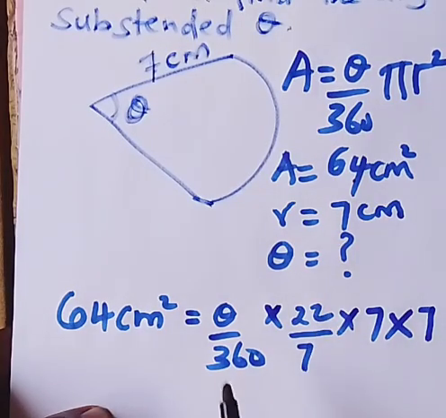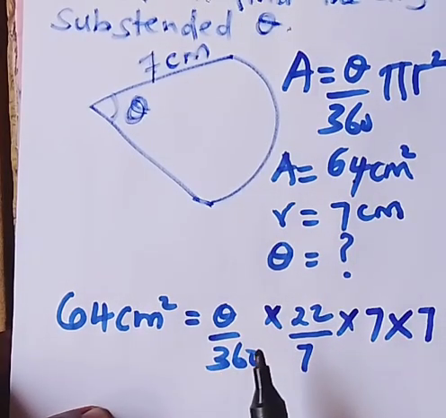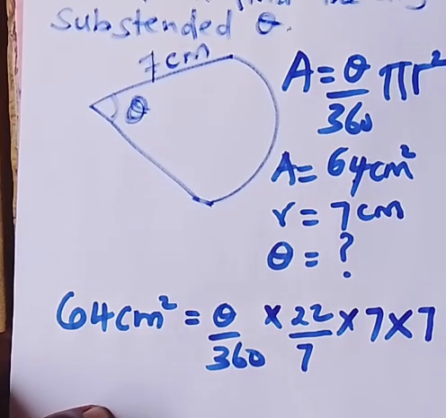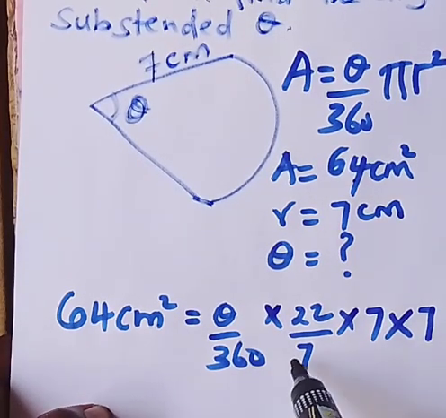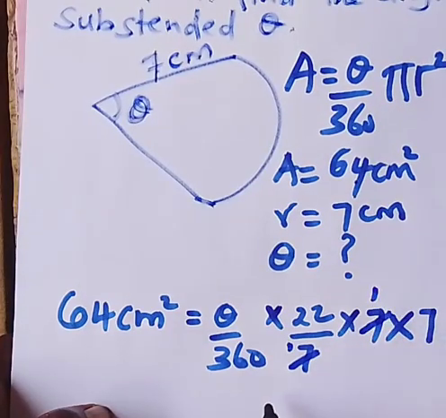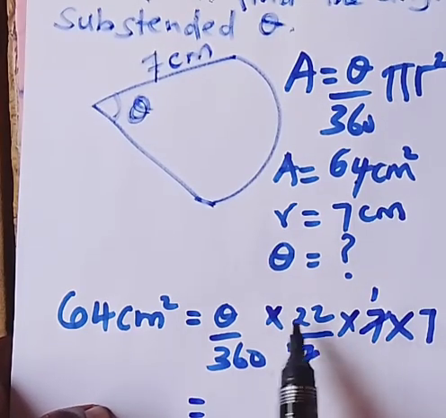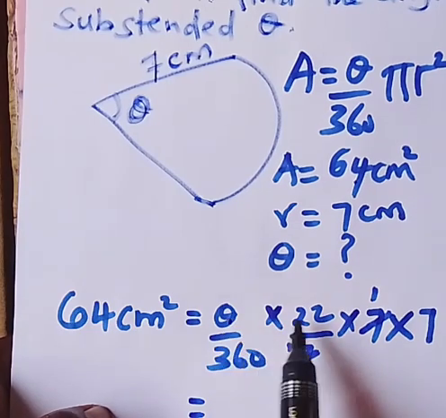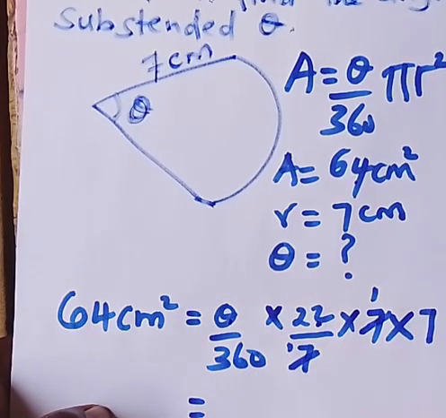So on the right hand side, you can simplify to have the simplest form. You can see this 7 can go with that 7 to have 1. Then here, you multiply the numerators, then equate them. So here we have theta times 22 times 7.